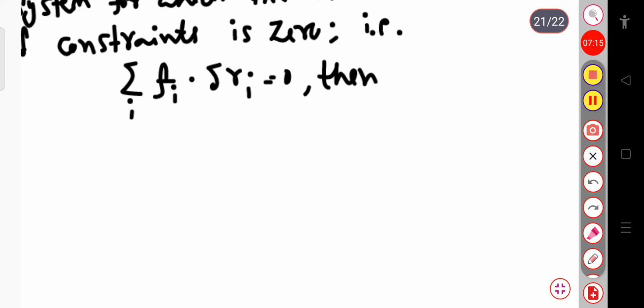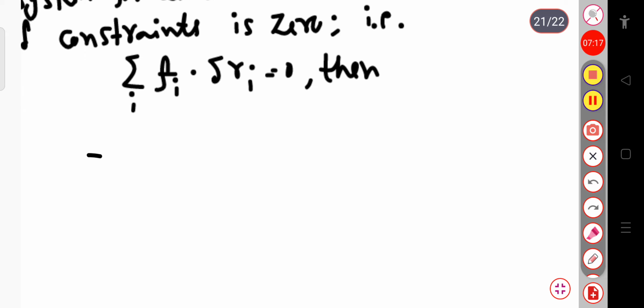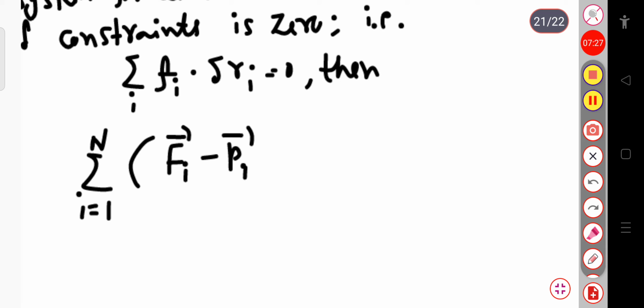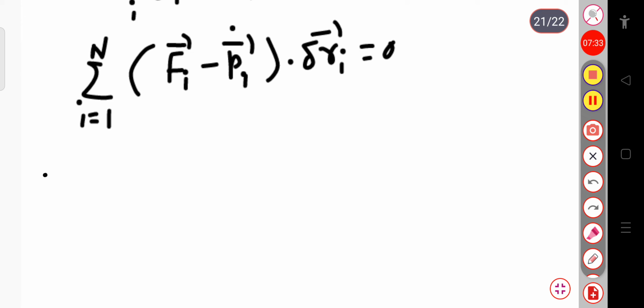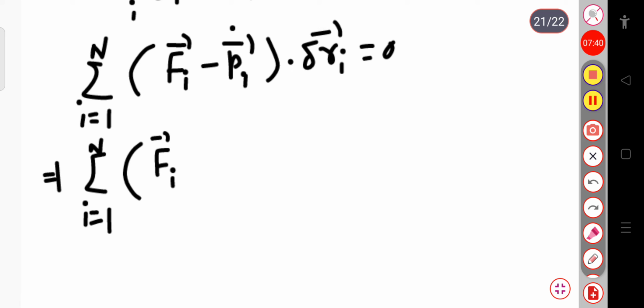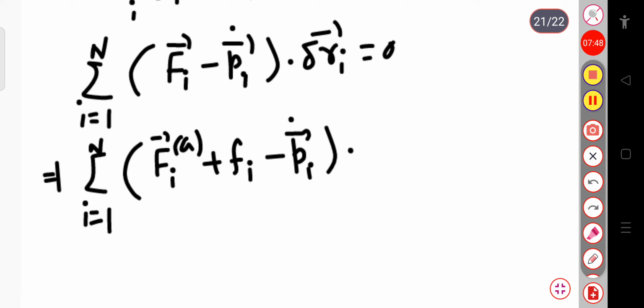This is the sum over i equal to 1 to n. In place of Fi, let me write first (Fi minus Pi dot) delta ri, this is equal to 0. Okay, so if I substitute the value of Fi, that is the sum over i equal to 1 to n, here this is Fi applied, the force applied, plus the force of constraint, minus Pi dot, delta ri, this is equal to 0.